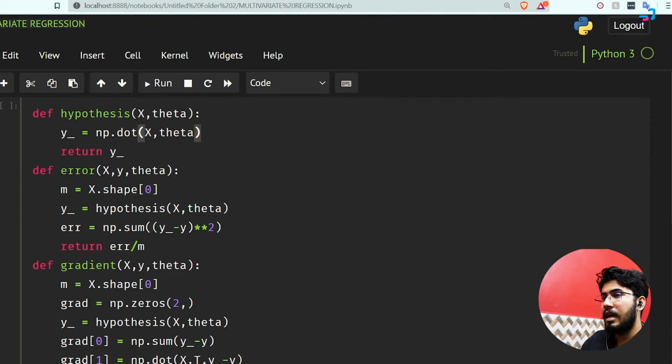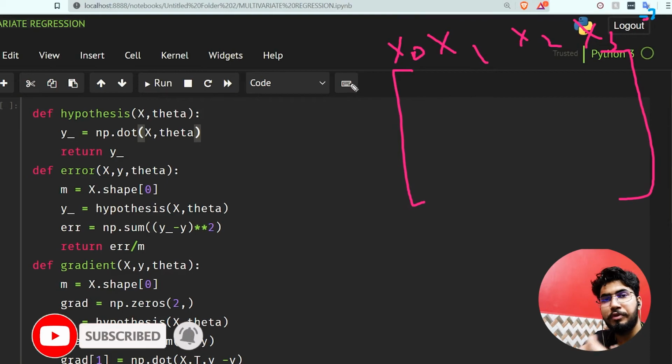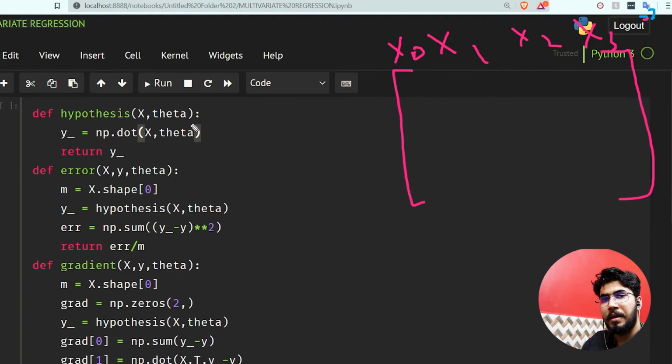I know that I have not added x0 anywhere right now in this code, because we are going to add that when we implement this code in a project. It's a very basic project, a house price prediction. So I'm going to add it into that data. But for now, supposing I have added this data, I can just multiply it like this.